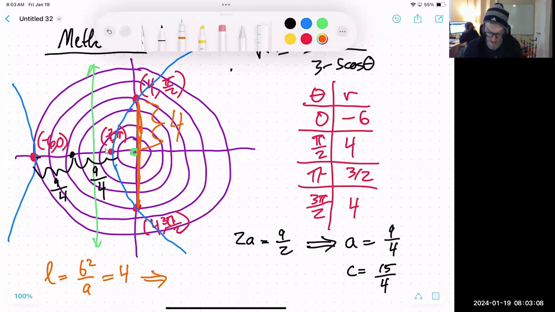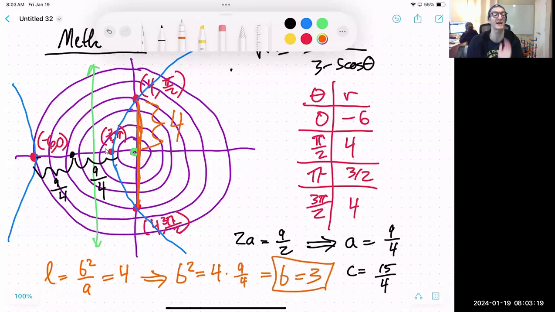And since a is 9 fourths, then b squared is just going to be 4 times 9 fourths. So that's how I get that b is 3. Very quickly, I can determine that b is 3 because I know that half the latus rectum has length 4. Okay, good.